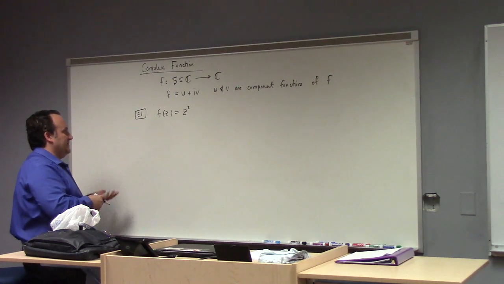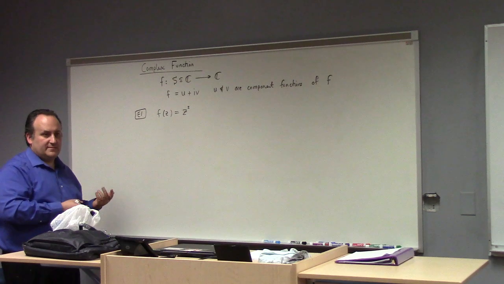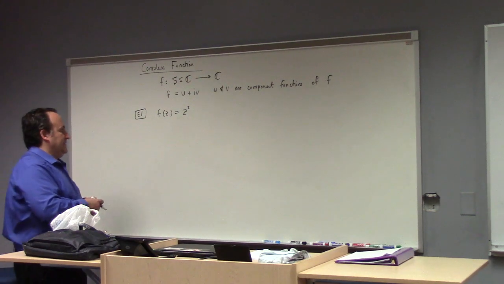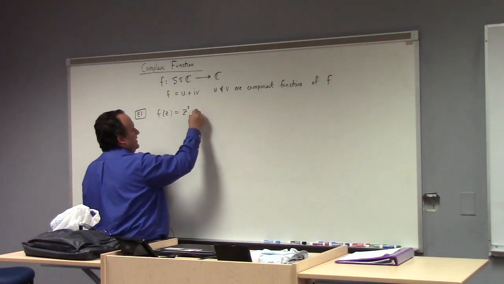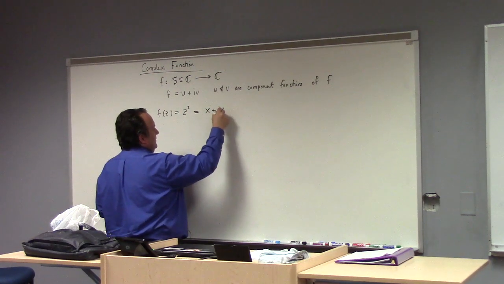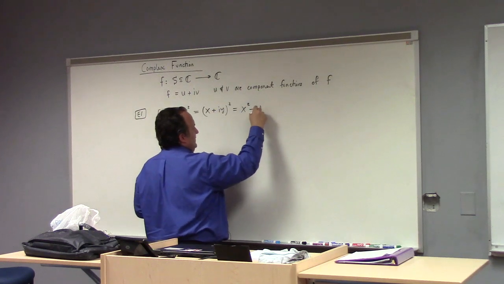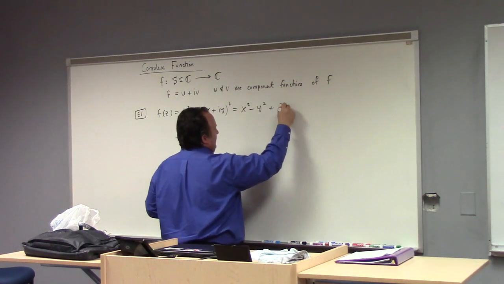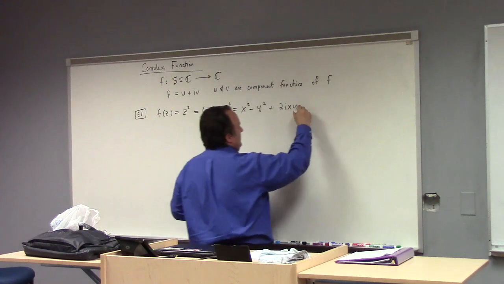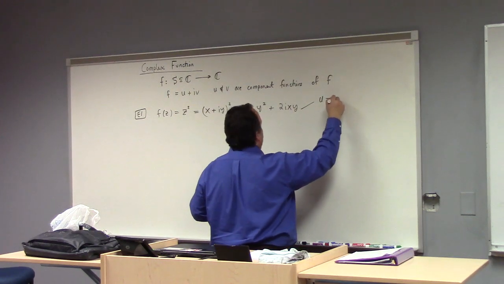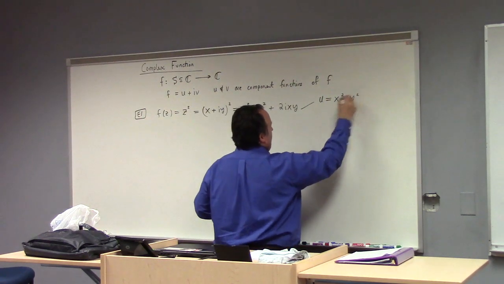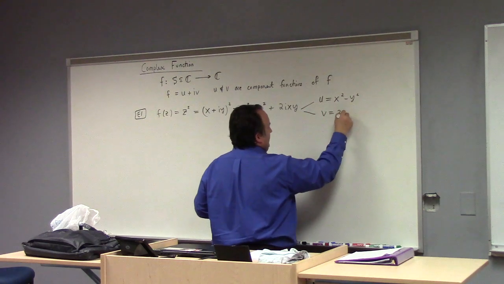First of all, by default, the domain is the whole complex plane, and we can study what that does. So that's x plus iy squared, which is x squared minus y squared plus 2i xy, right? So my u is x squared minus y squared. My v is 2xy.